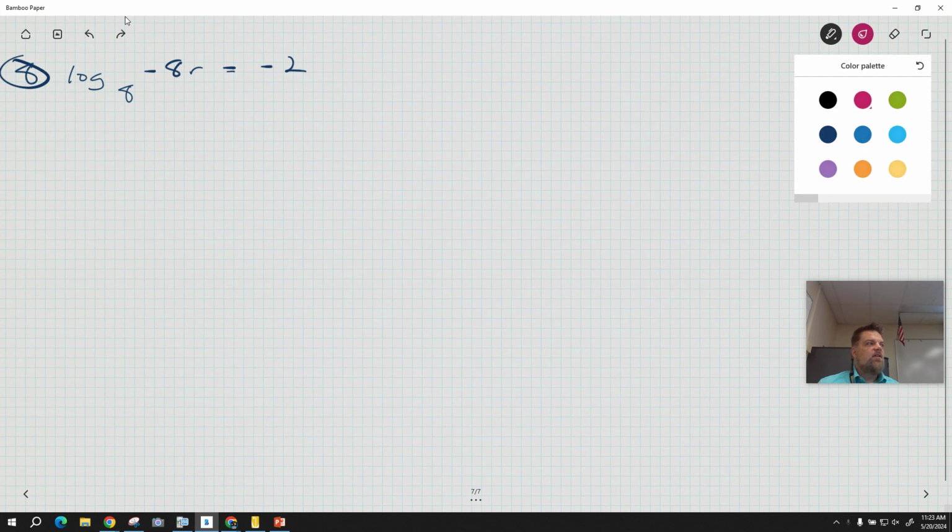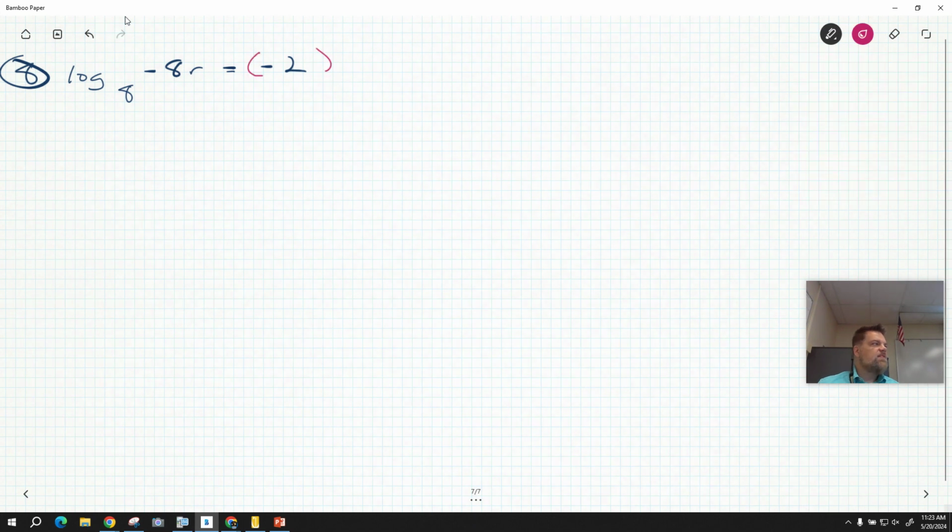If I put each side in parentheses and raise 8 to each, I'm writing this as 8 raised to the log base 8 of -8r is equal to 8 raised to the -2.